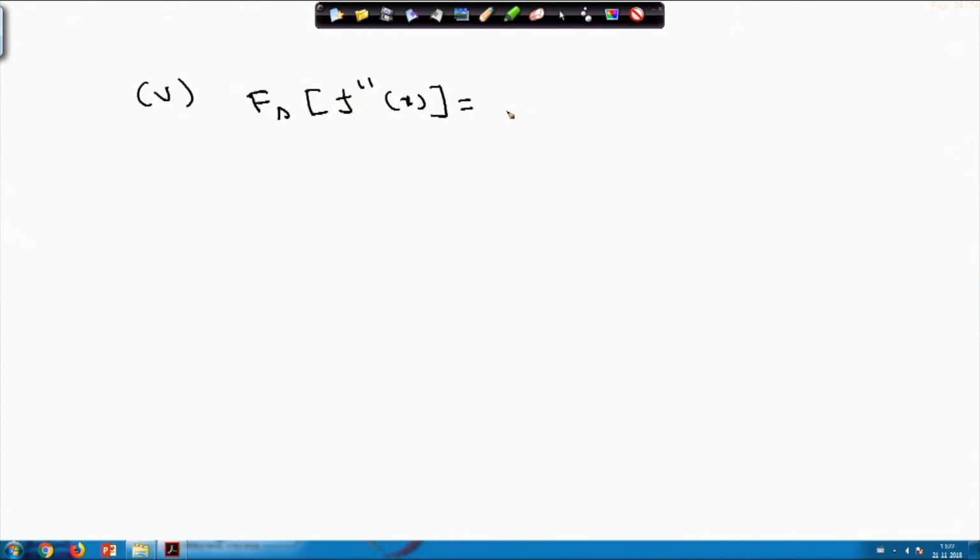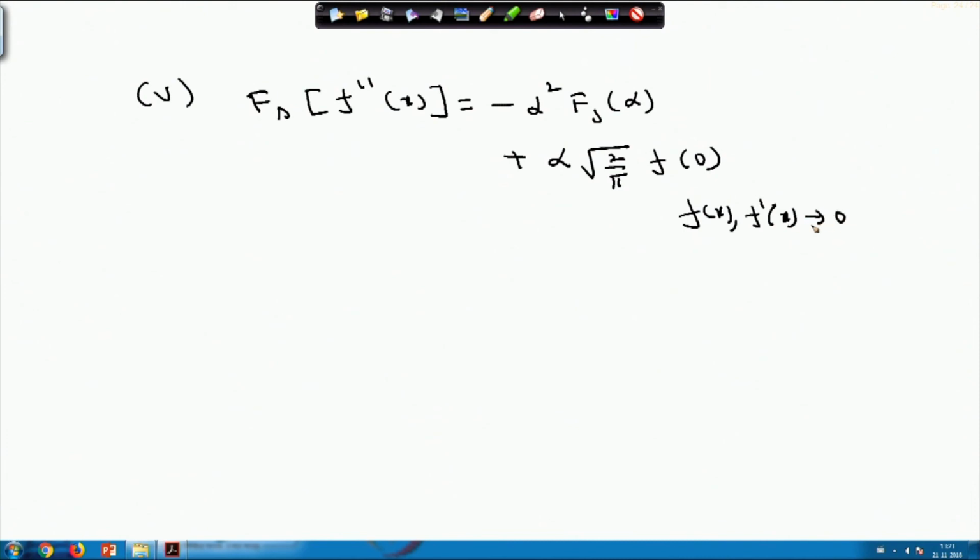This is equal to minus alpha square into the Fourier sine transform of alpha plus alpha into root over 2 by pi into f 0. Here again, f x and f dash x both approach 0 as x approaches infinity.